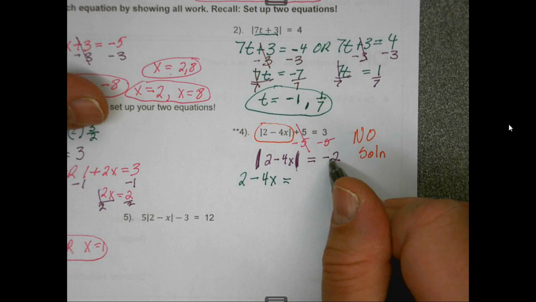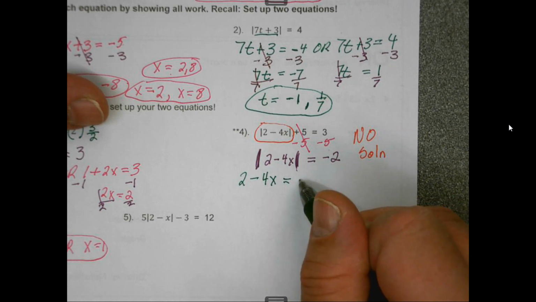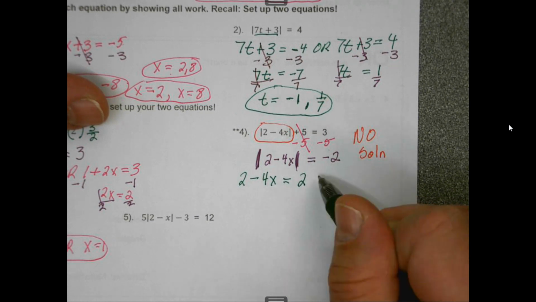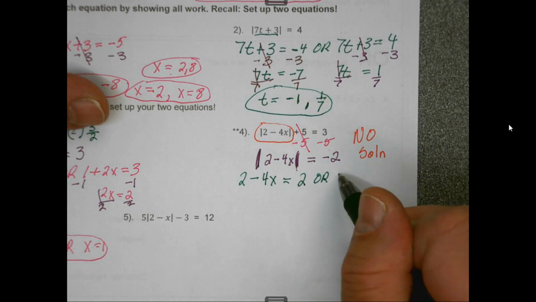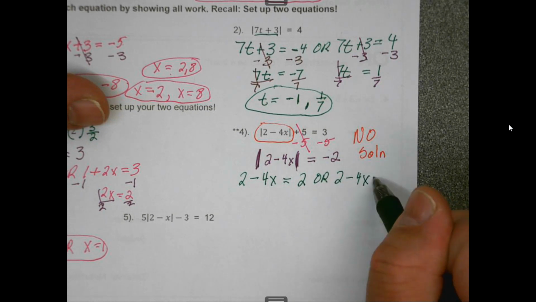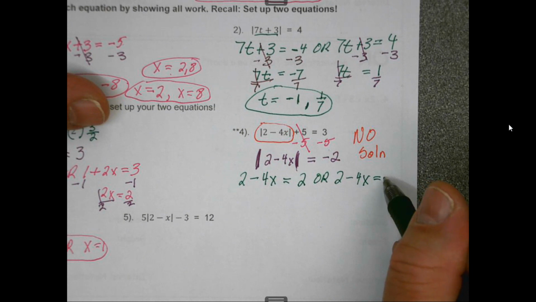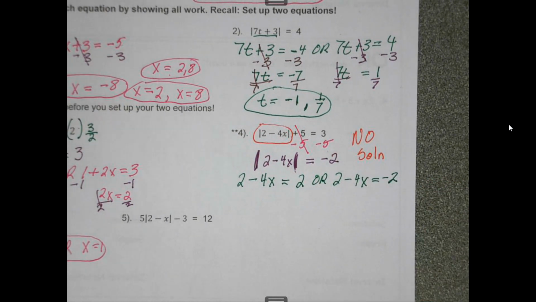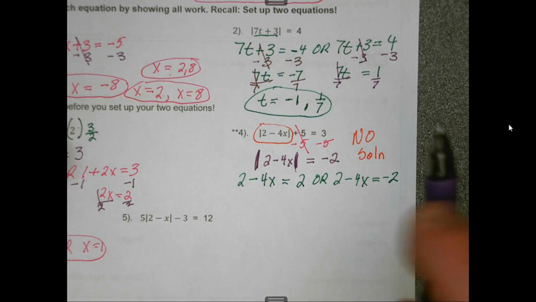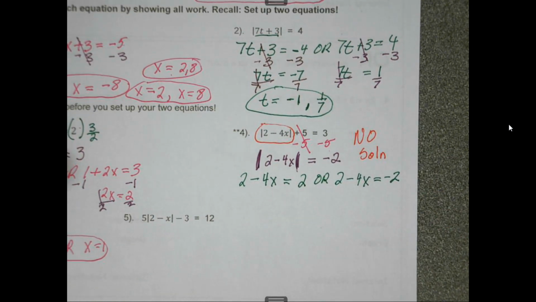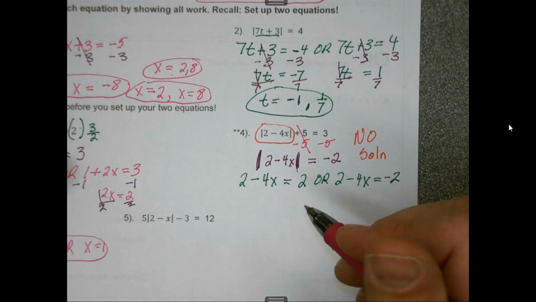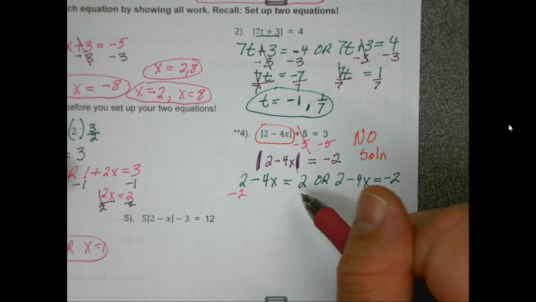Let's solve these separately. Let's see. Minus 2, negative 4x equals 0. So here, I'm going to have to divide by negative 4. So here I get x equals 0.